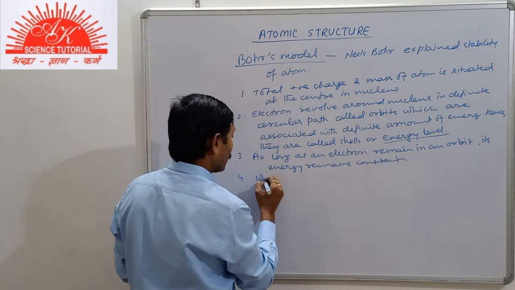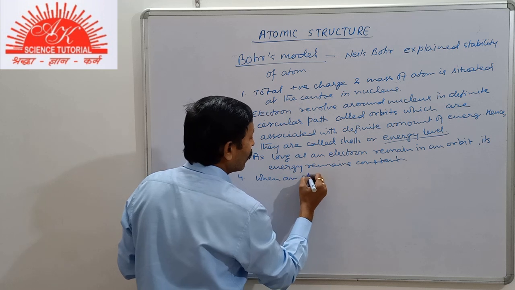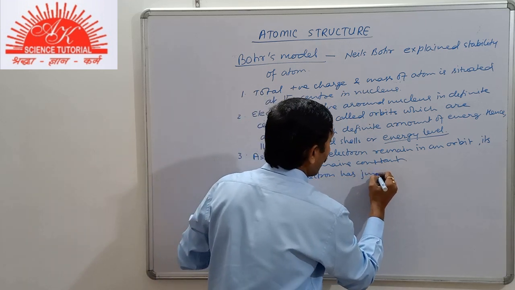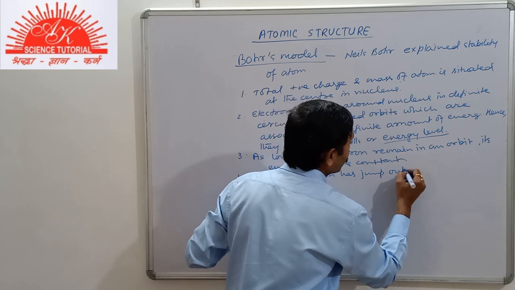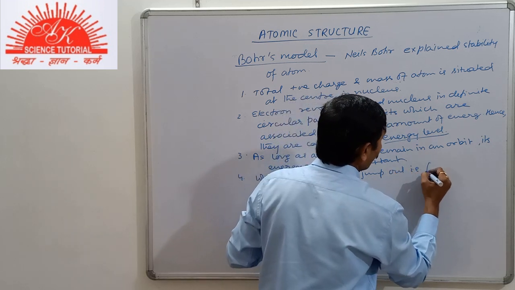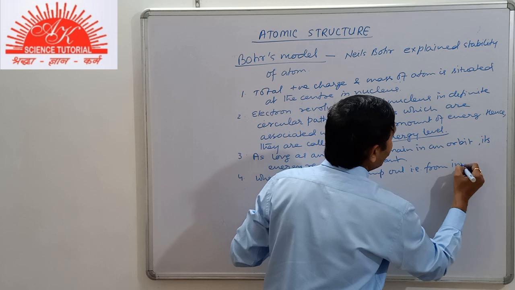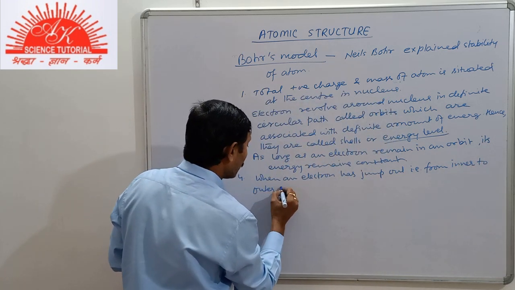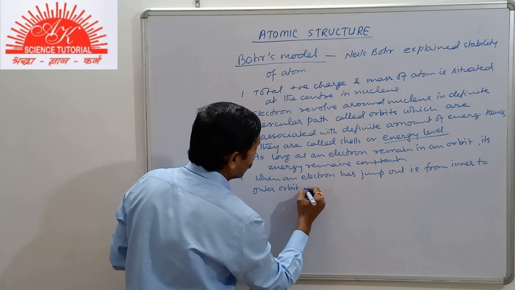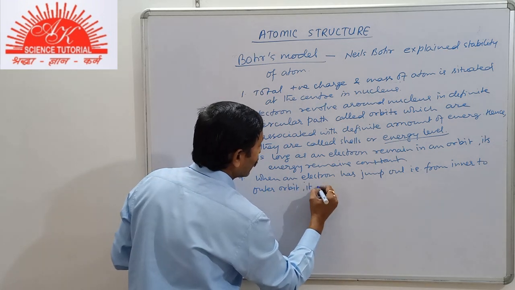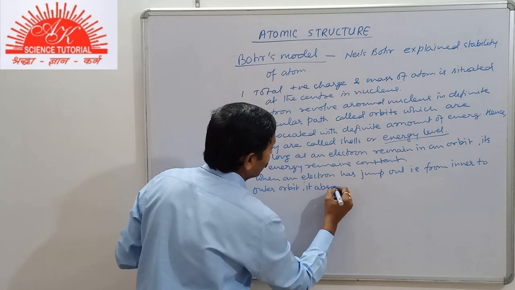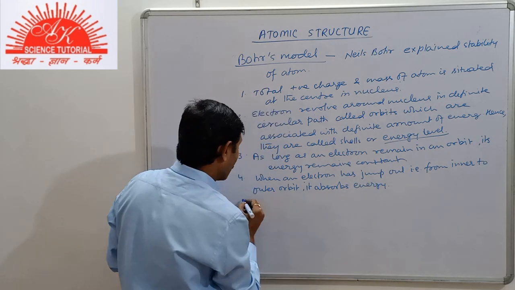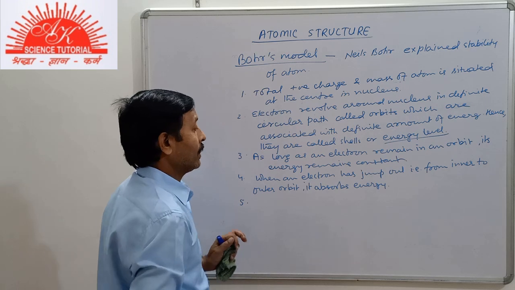Fourth, when an electron has to jump out, that is from inner to outer orbit, it absorbs energy, meaning it requires more kinetic energy.